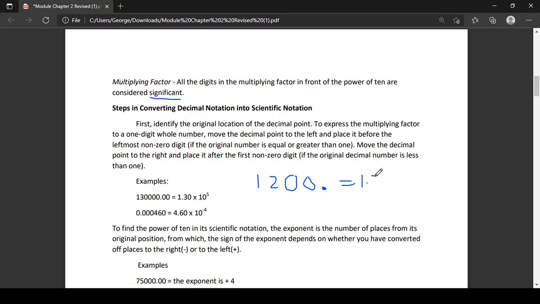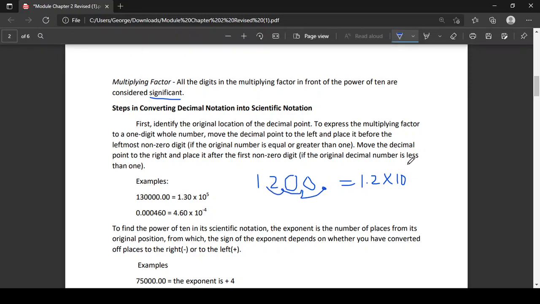Very good. 1.2 times 10 to the power of 3. 1, 2, 3, sir. 3, sure? Very good. Correct, because you stopped at the leftmost non-zero digit.